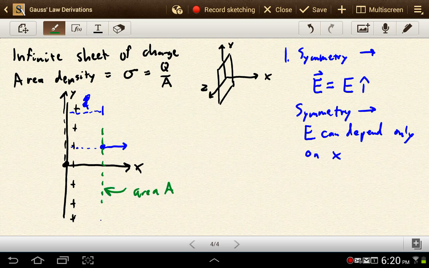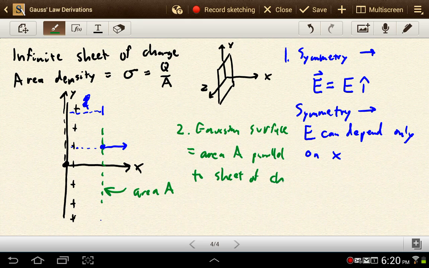Therefore, Gaussian surface number 2 is going to be an area A parallel to the sheet of charge at a distance x.